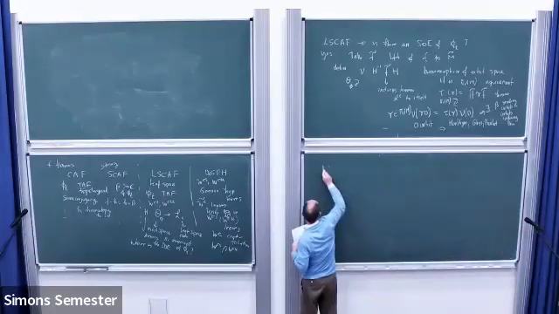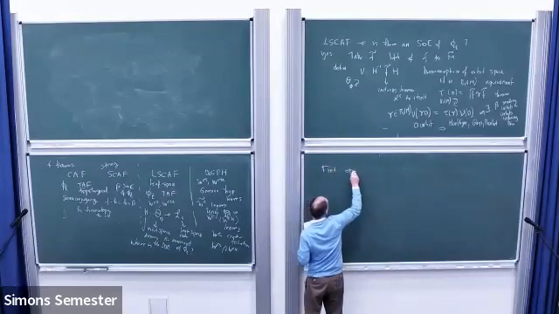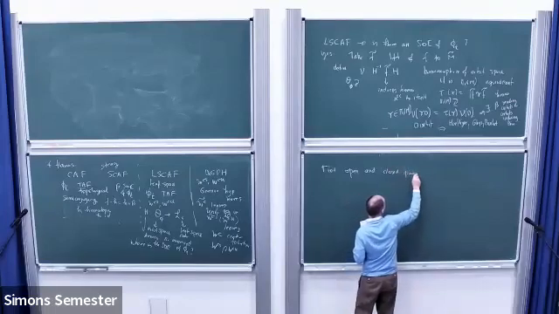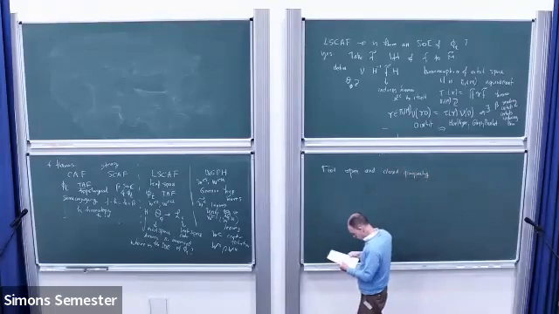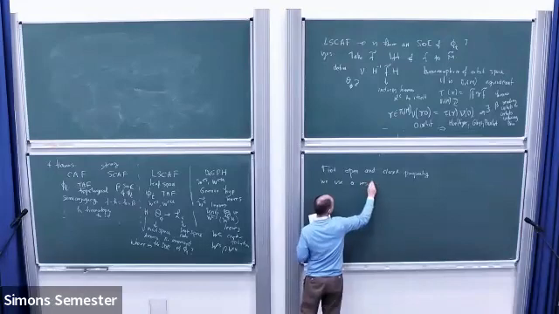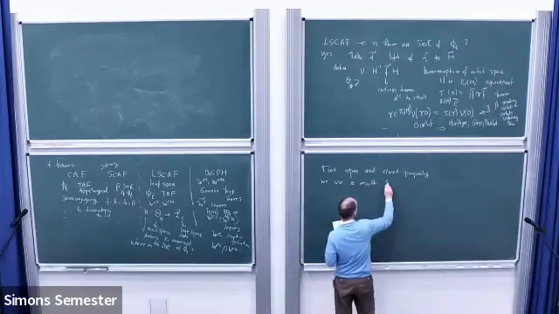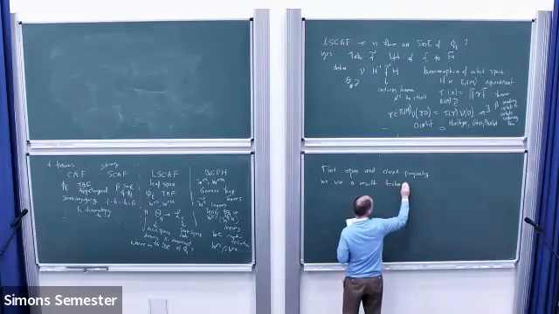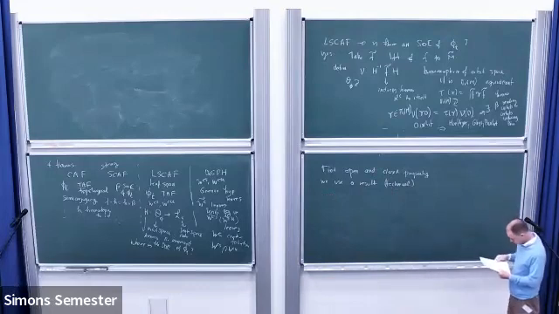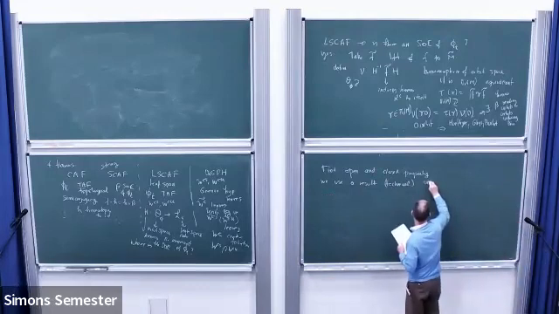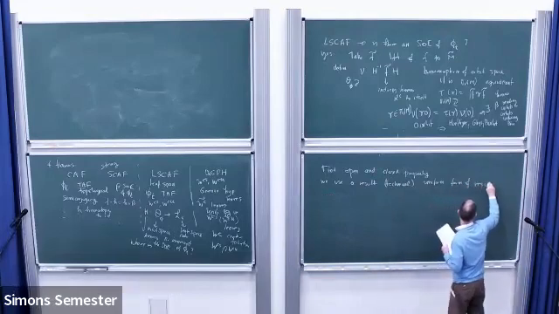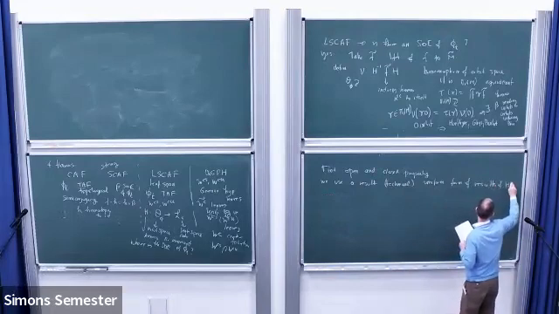So first, the open-closed property. So we use a technical result. We're just going to state this, but I'm not going to say anything about it. So a uniform form of results of HBS.